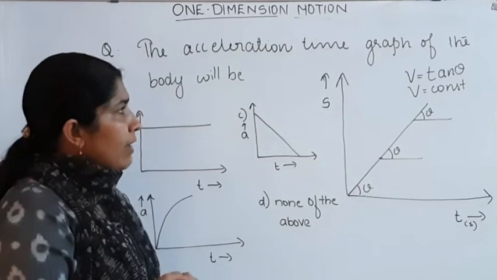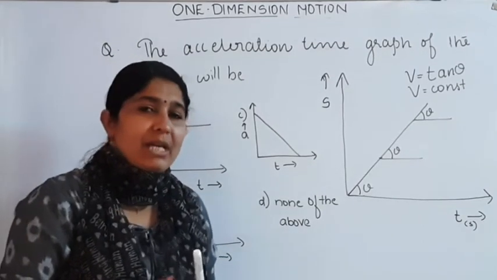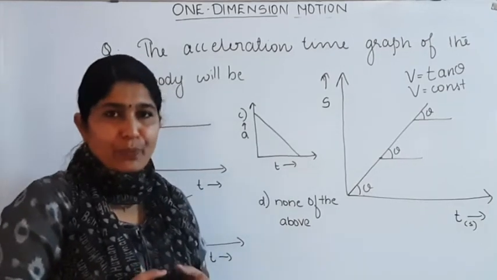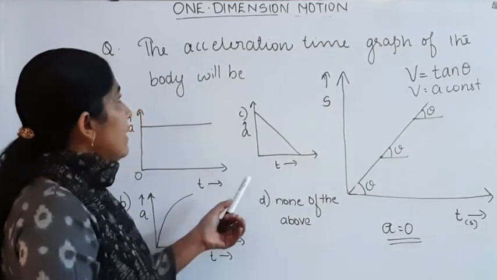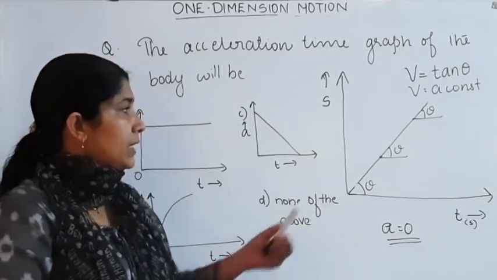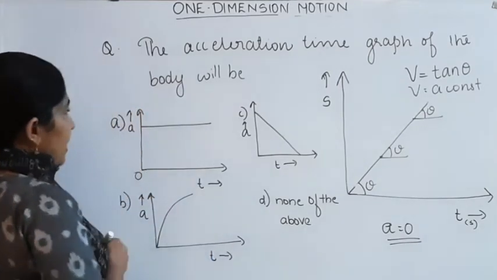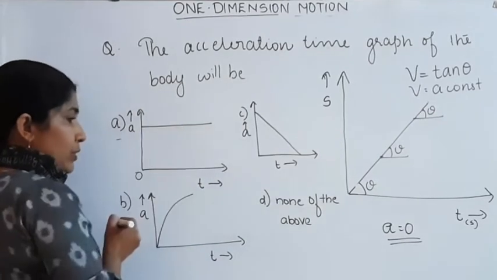Okay. Then what about the acceleration time graph? Uniform velocity means acceleration is equal to 0. Then which graph represents the acceleration time graph of this particular body? When we consider the first option, here the acceleration is equal to a constant.